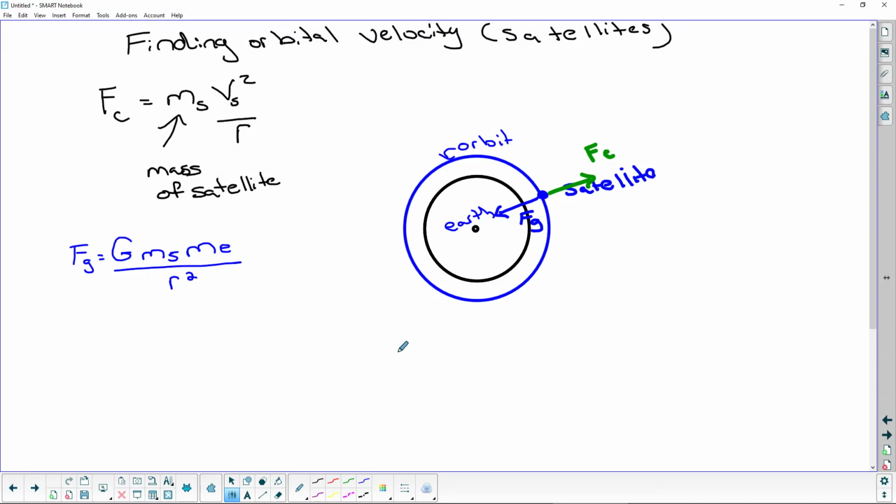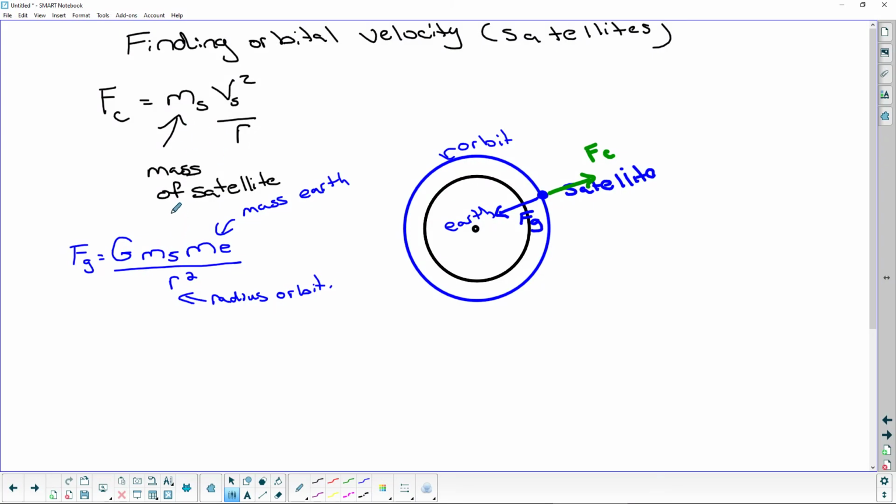So we're going to say that this and this are equal to each other. This is just our mass of the Earth, and this is our radius of the orbit from the center of the Earth. And this is the mass of the satellite.